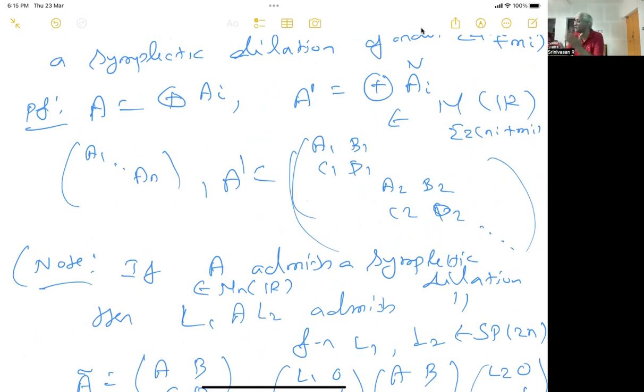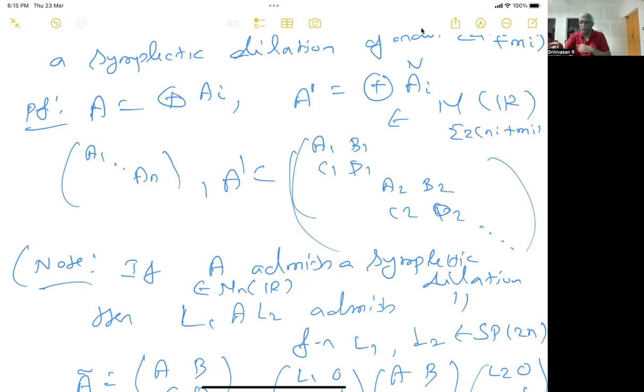So I will not write all those things. You have to apply the adjoint map. Now, if you apply the adjoint map to J2N, that will get disturbed. But when you interchange the columns also, the J will be preserved. When you interchange those two rows, which contain C1, D1 and A2, B2, and then interchange these two columns, you can see that preserves J2N.